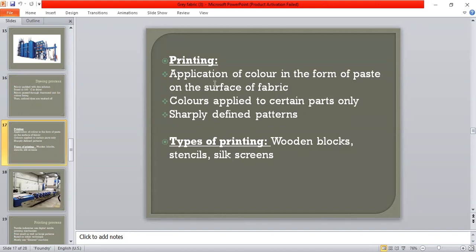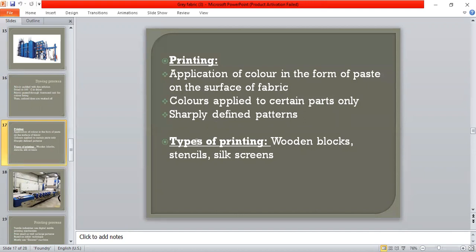So with the help of printing, color is applied only to the certain parts where we require. It sharply defines the patterns. Of course, when the color is pasted and applied to those parts, they will be sharply defined.